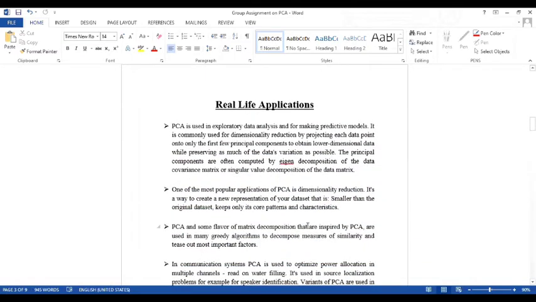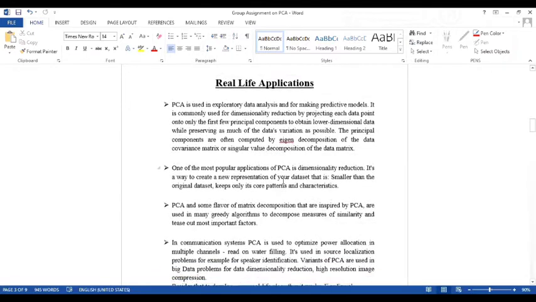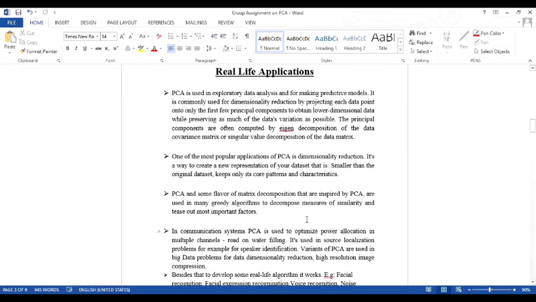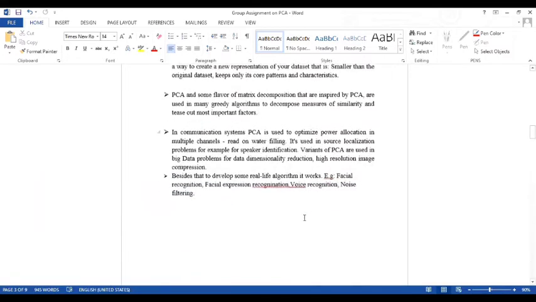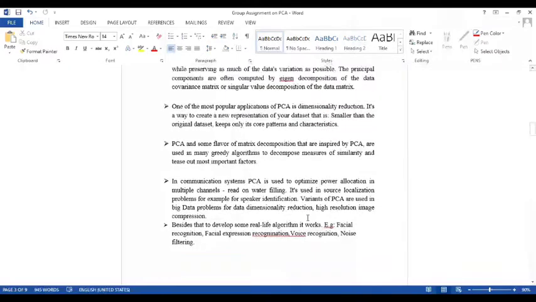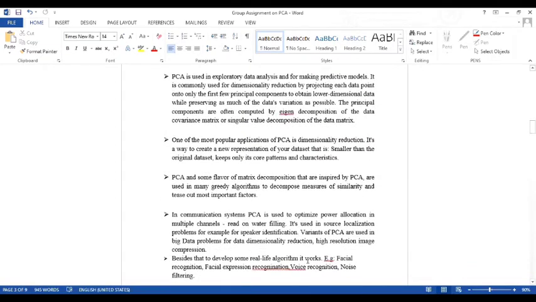Here we show some real life applications of it, in our daily life: we use fingerprint sensors, voice recognition, voice commands, and image noise filtering. Besides that, it also solves the problems of big data, and it is applied in many machine learning tools in our daily life.